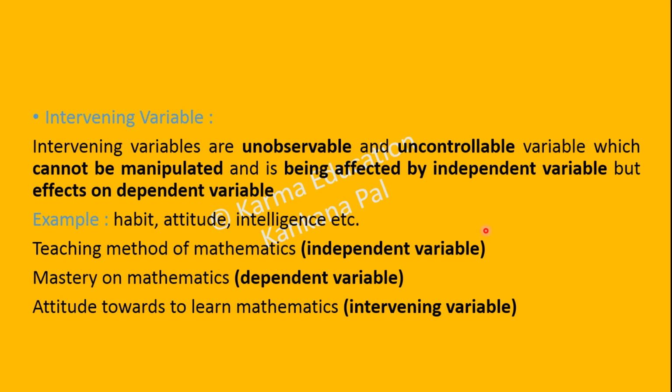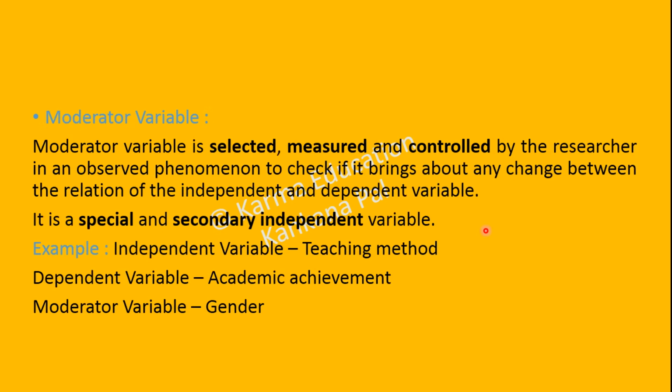Next is moderated variable, which is selected, measured and controlled by experimenter in an observed phenomenon to check if it brings about any change between the relation of independent and dependent variable. This is a special and secondary independent variable, which is selected, measured and controlled by researcher to check the effect on the relation between independent and dependent variable, right?